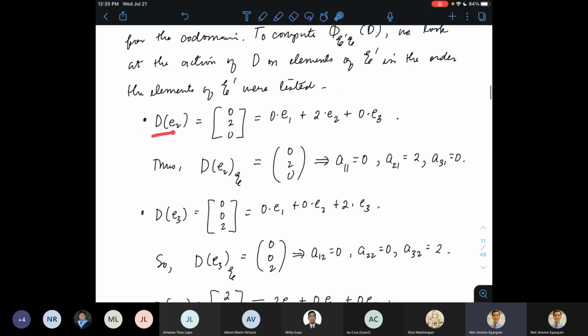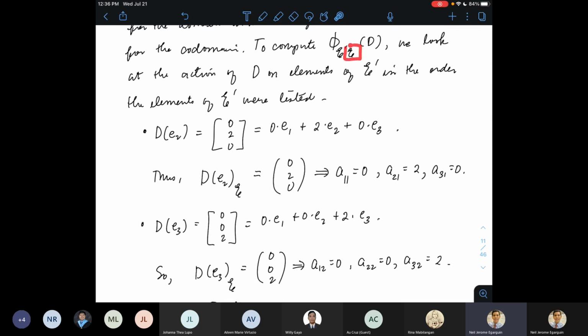So umpisan ko siya sa DE1. This will serve as my V1 kasi siya yung una dun sa listahan ng basis para kay V. Okay? Now DE1, D is just the doubling operator, so I know it would be 0 2 0. Okay? And then to get the entries in the matrix representation, I need to get the expansion of 0 2 0 with respect to the basis of the codomain.